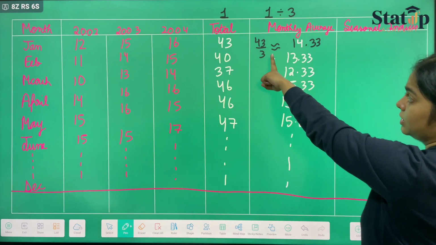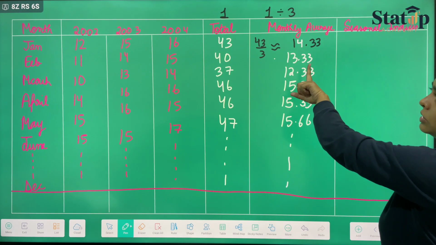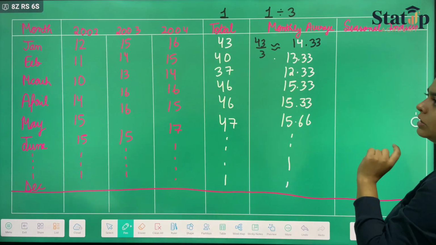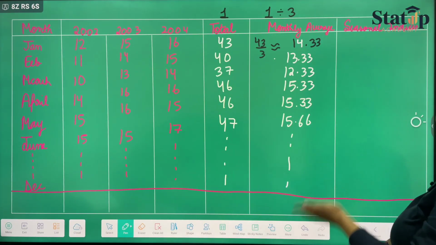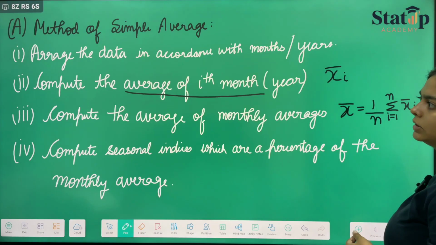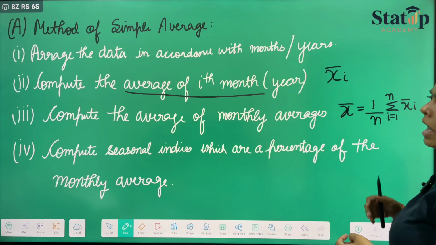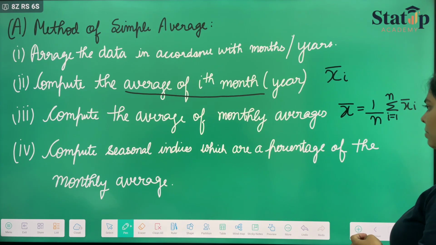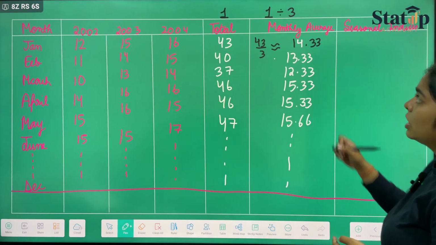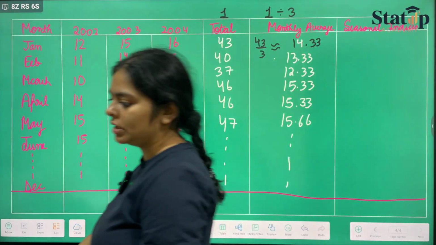So the first month is January. For January it is 14.33, for February it is 13.33, and so on. And then the third step involves computing the average of the monthly averages. Now we have to total this as well.